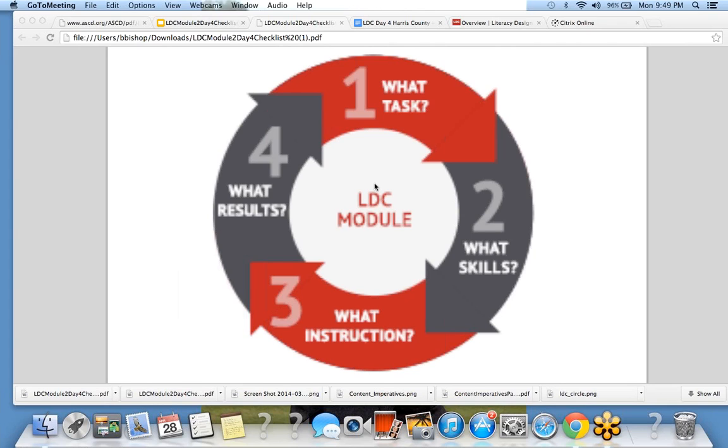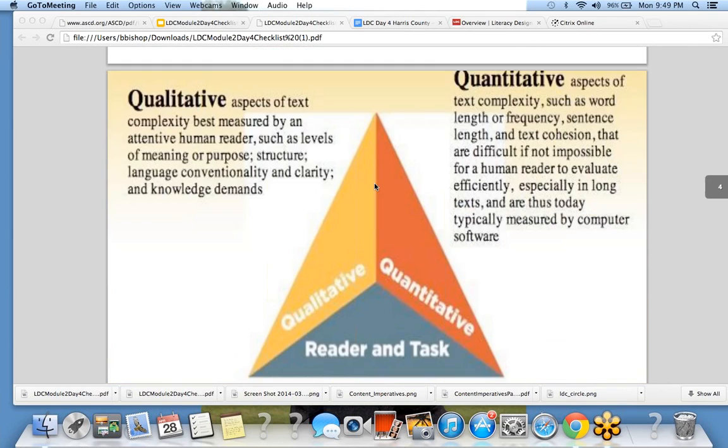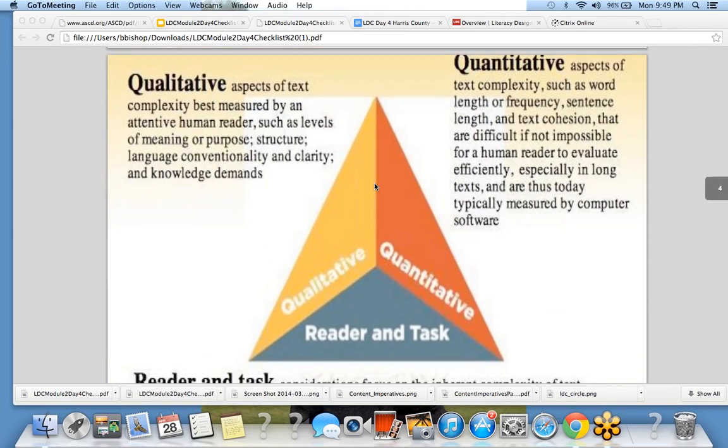And we also talked a little bit about text complexity and just gave ourselves a reminder that when we have anything in front of us and we are trying to determine whether it is quote unquote complex, there are a lot of things that we can consider.